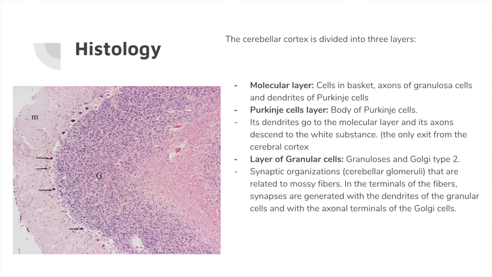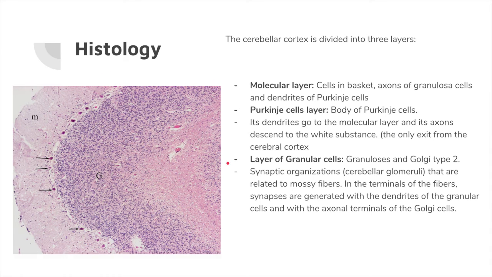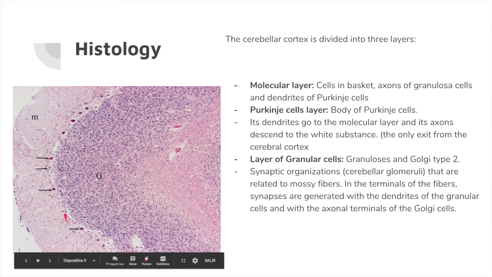Histology is the study of tissues using microscopes, and this is the image that you get when you cut a little part of the cerebellum and put it under a microscope. So scientists identify three layers: the molecular layer right here, the Purkinje cell layer, and the granular cell layer.